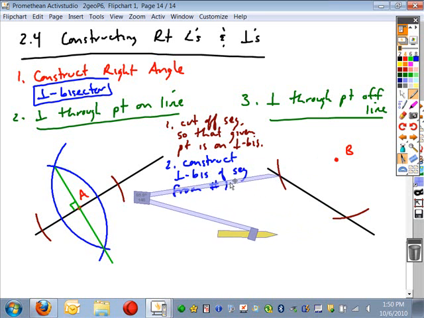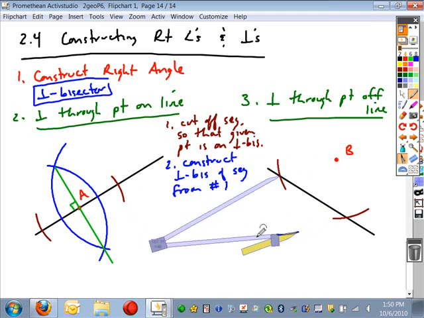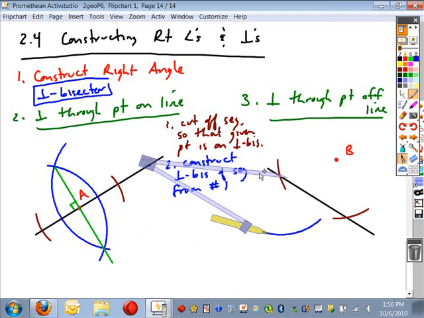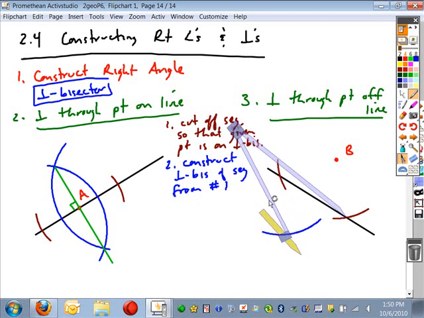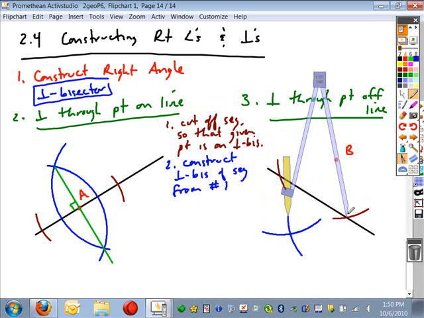So now in this first example, I had to widen my compass. In the second example, do I need to widen my compass? No, because now when I construct my arcs from each of these points cut off by my original step, I can now connect that back through point B.